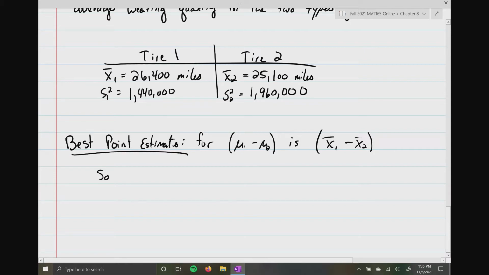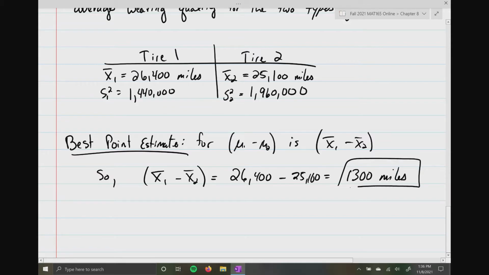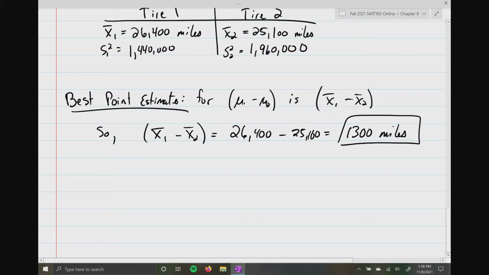So x bar 1 minus x bar 2 is going to equal 26,400 minus 25,100, which is going to equal 1,300 miles. So that's our best point estimate.